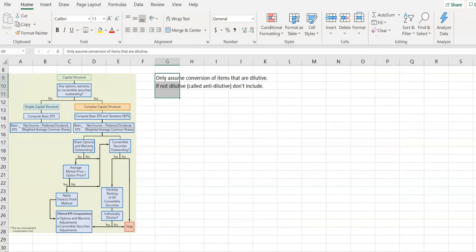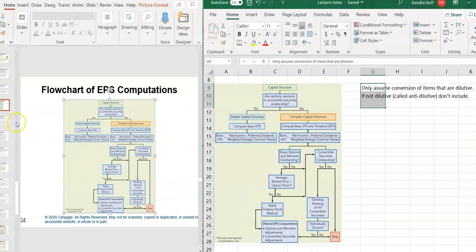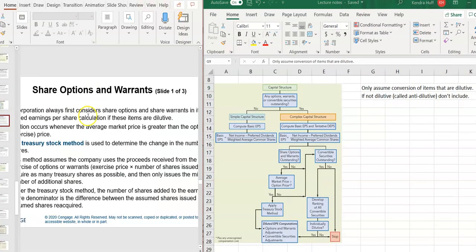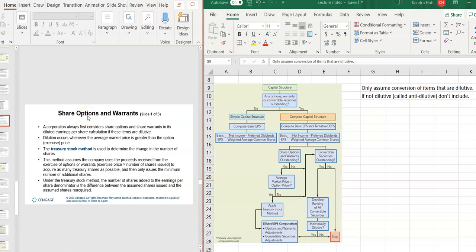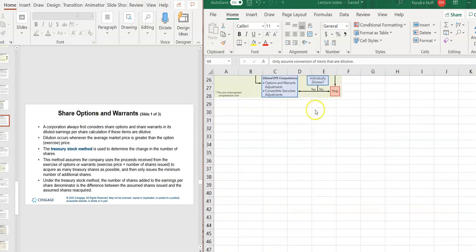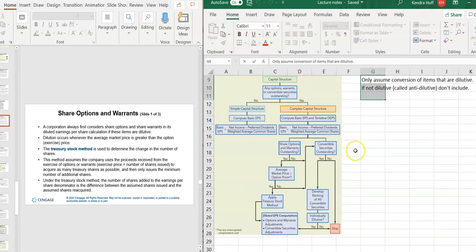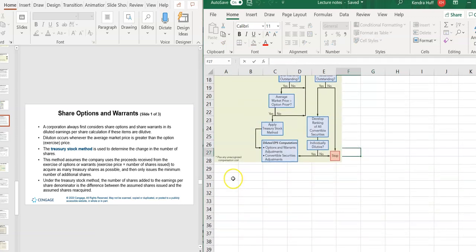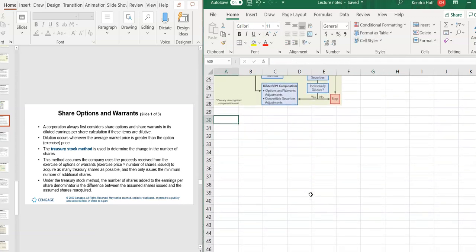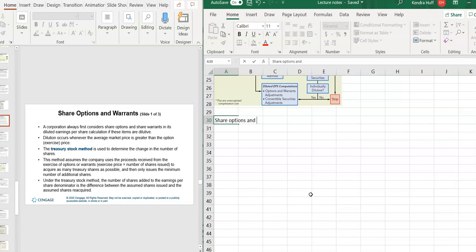Okay, let's go back. All right, so now we need to talk about all the things that have to be changed or considered when you're converting. All right, share options and warrants. Remember, this gives you the right to buy a share of stock for a certain price, the exercise price.